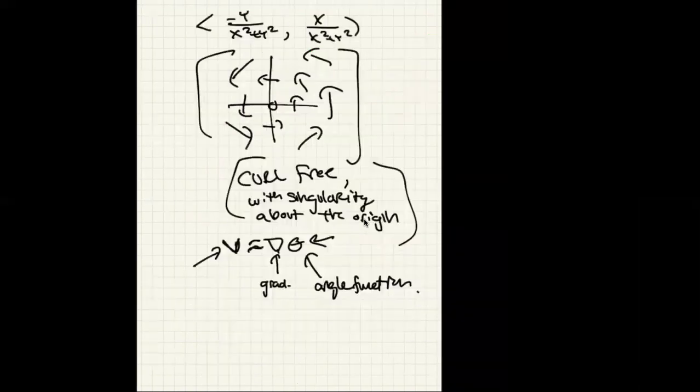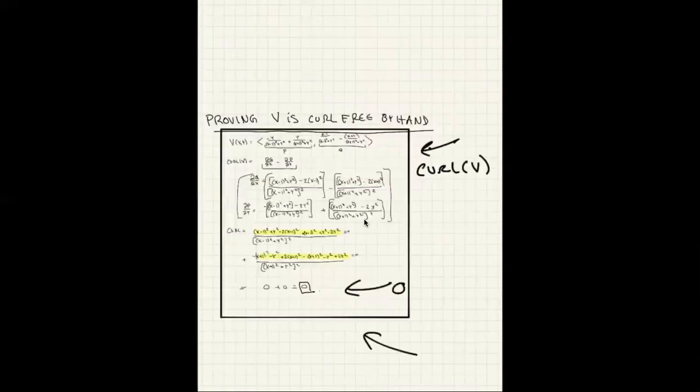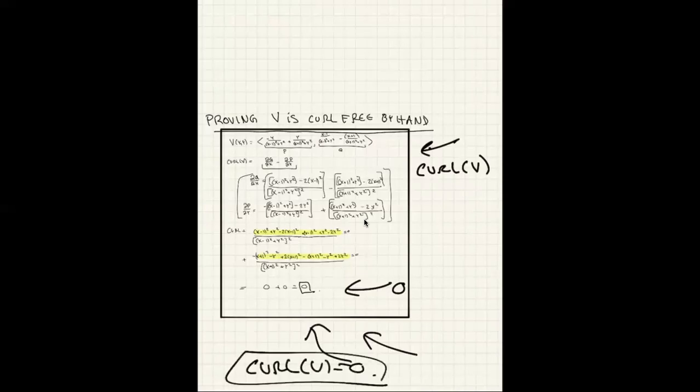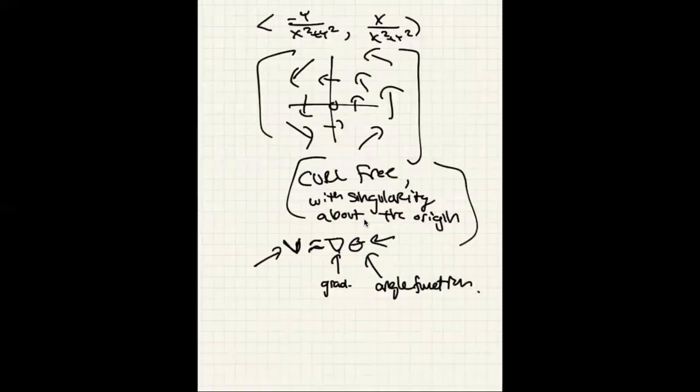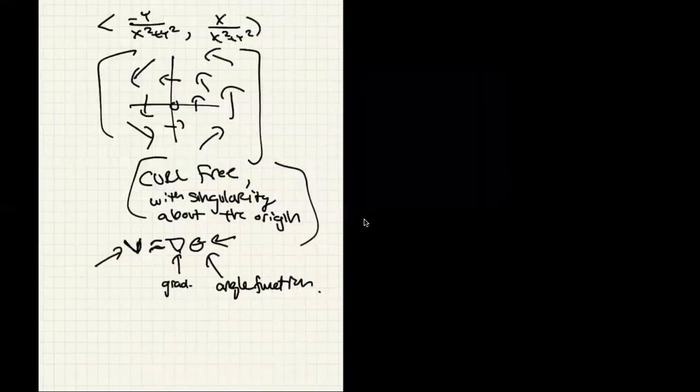You can go back over here to look at this computation, but perhaps my description of v as a gradient of a sum of angles is more enlightening than this algebra proving that the curl of v is 0. But that's going to be a really important property of our function v. Okay. So what sort of computations can we do knowing that v is curl free?